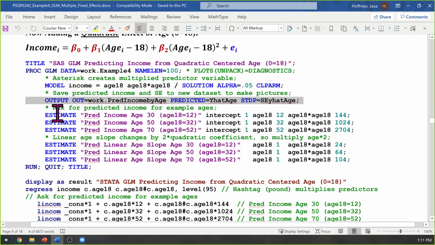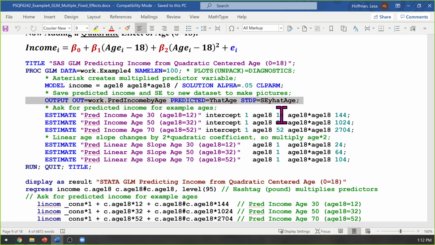So what this line in particular is doing, output out, is building a new SAS data set that is called pred income by age, and it is going to have a column for the predicted outcome according to the model. So that's why I named it y hat age is what the column's going to be called. And I'm also asking for the standard error for that y hat for each person. So I'm building a new data set that has 2 more columns to it with y hat and the standard error of y hat. And that's how I made the pictures.